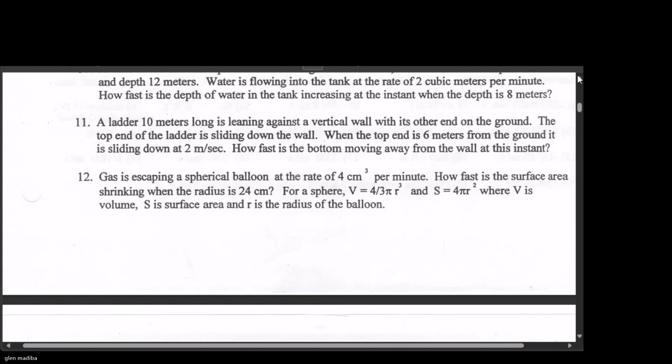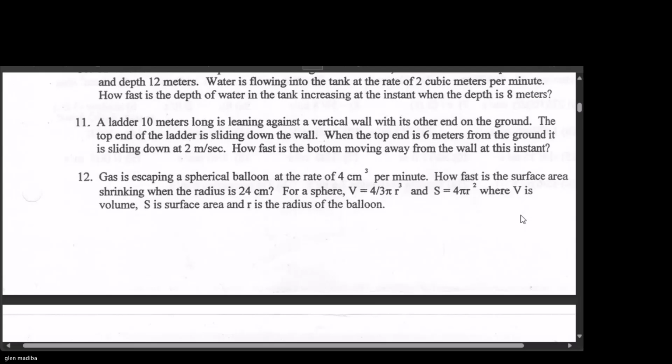So I will take the derivative of the volume, but do you understand why? To get the change in the radius with respect to time, because I have a change in volume. I do not have a change in surface area. So I would need the derivative of the volume to get that change in volume.